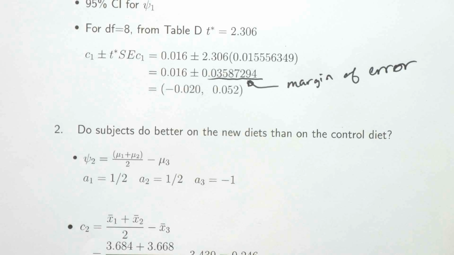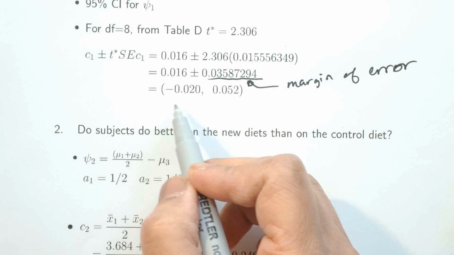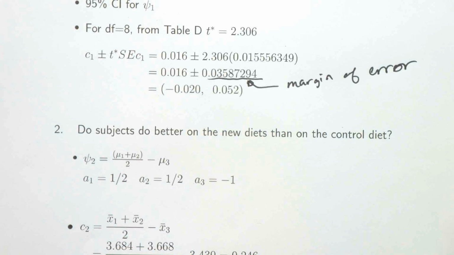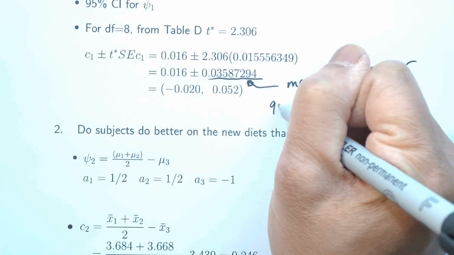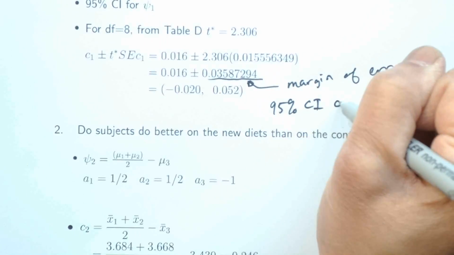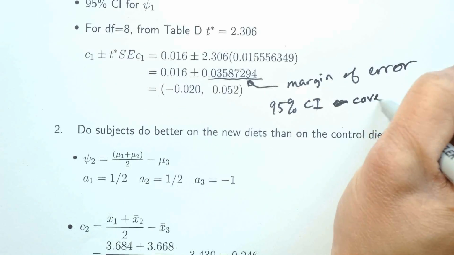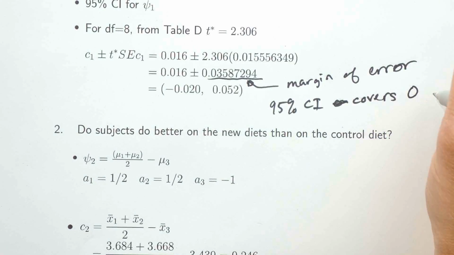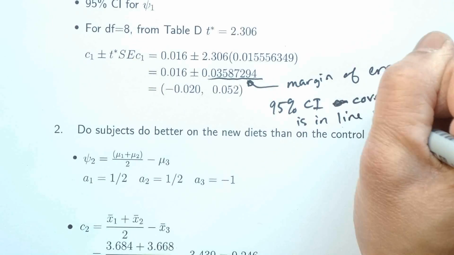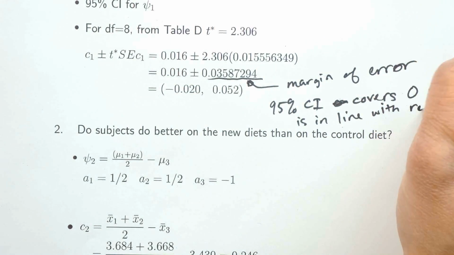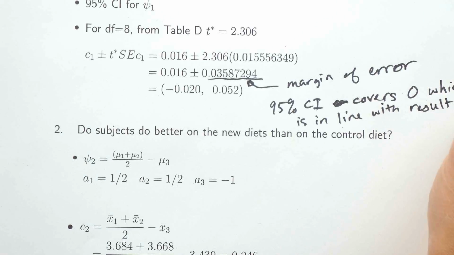What we can also say from this is that it's not very surprising. Remember, D1 and D2 were not statistically significant, so the CI covers 0, which is in line with the result of our hypothesis test.